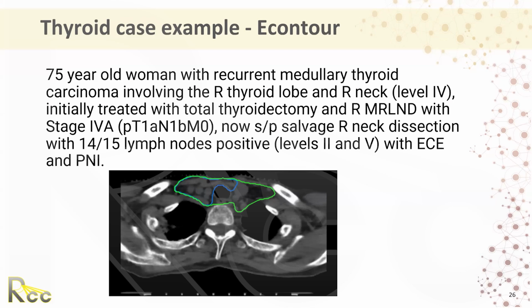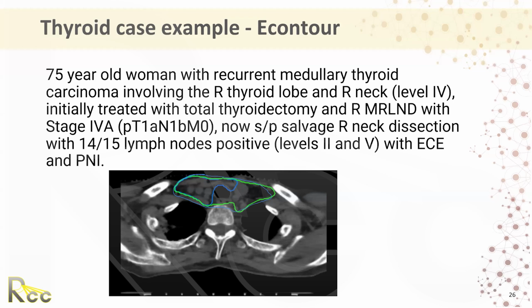So thyroid cases, basically always, especially if there are lymph nodes involved that are low level 4 and or level 6, you'd want to go at least a couple centimeters inferior to the lowest lymph node. A lot of the protocols and formal guidelines will talk about going to the top of the aortic arch for non-anaplastic thyroid, and then going all the way down to the carina for anaplastic thyroid.